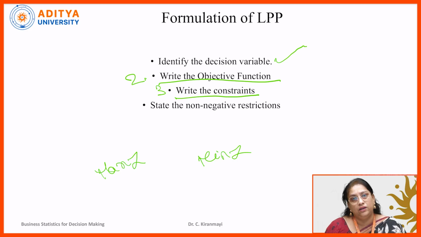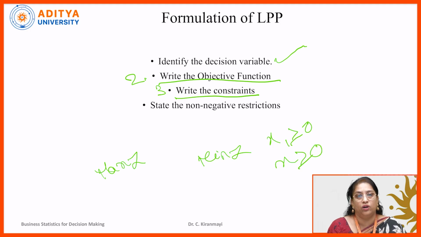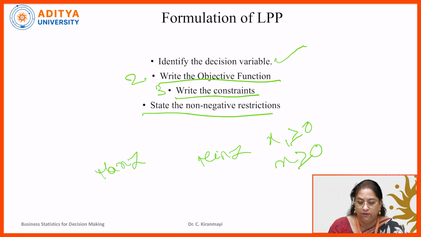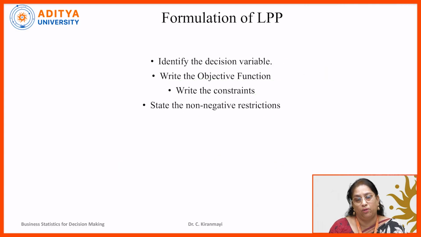Next, state the non-negative constraints. The decision variables must always be greater than or equal to 0, since we never produce negative units or use negative quantities. Therefore, we finally state the non-negative constraints. This is how we can formulate a problem as a linear programming problem.